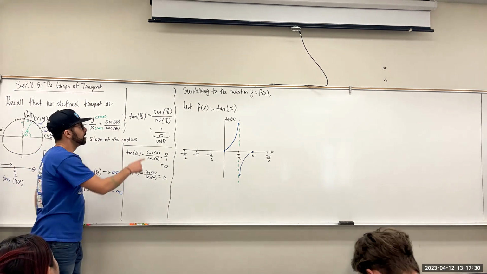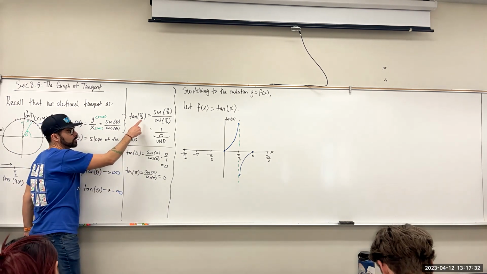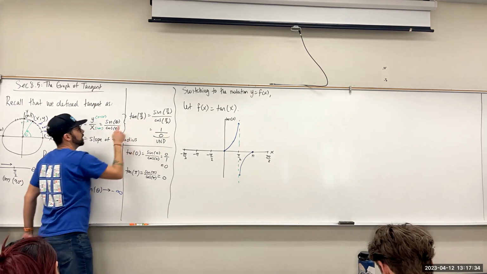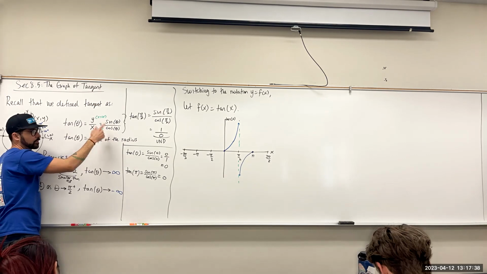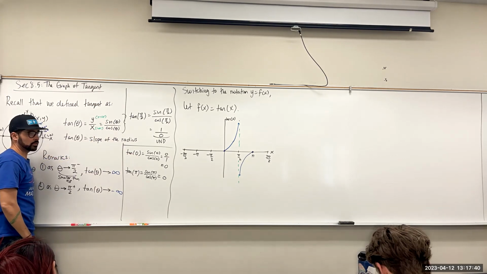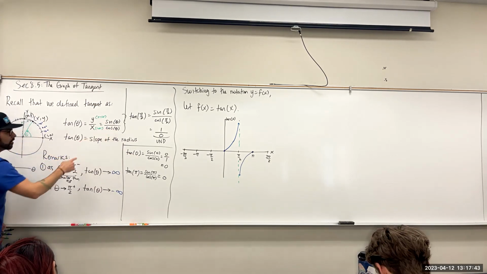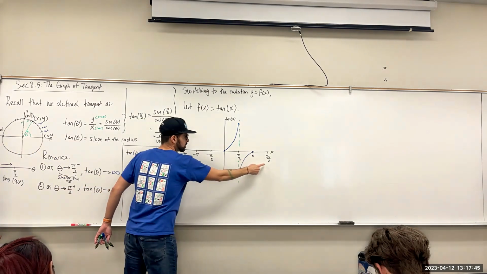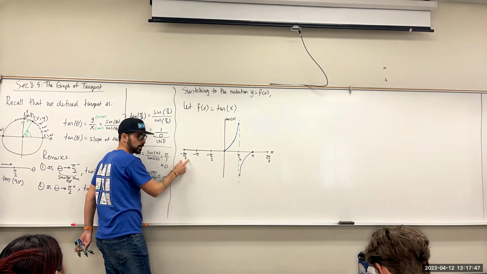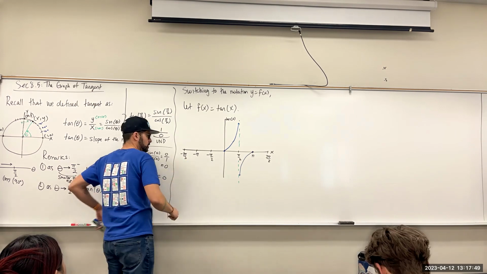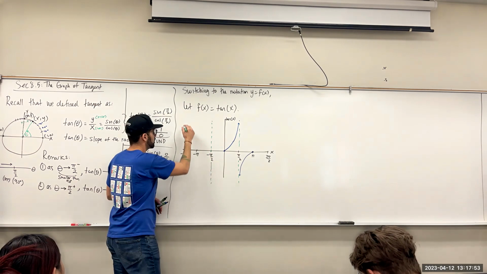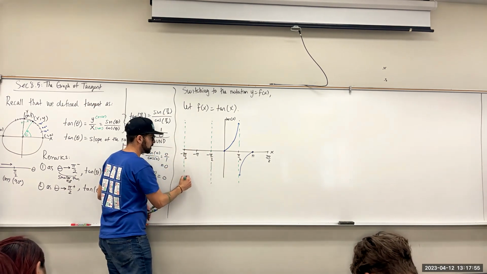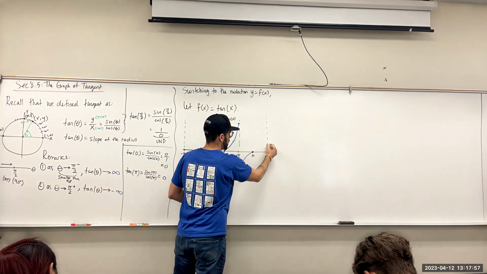And so basically, wherever we get cosine to be 0, this behavior is going to happen. Where's cosine going to be 0? At which angles here? All the 90s, right? All the pi over 2's. So yes, we're going to end up with a vertical asymptote here, here, and here.